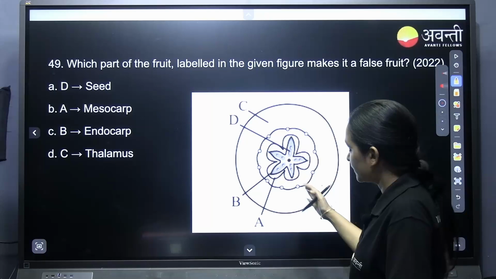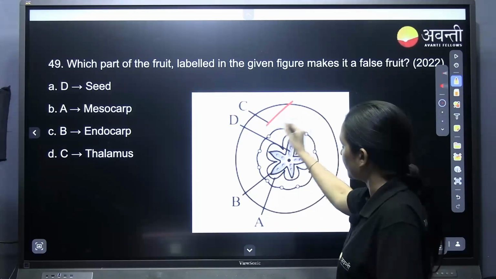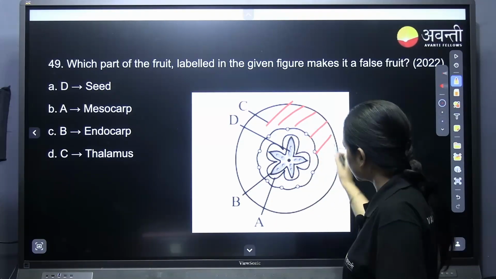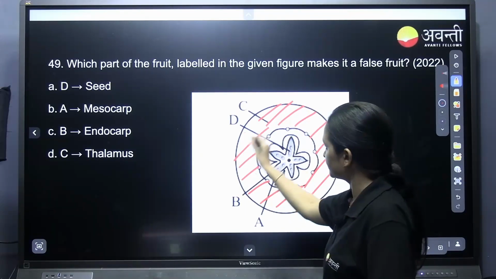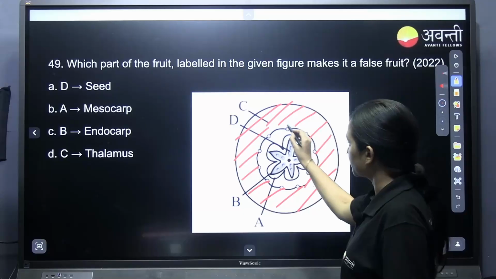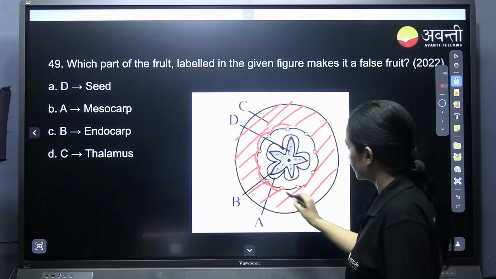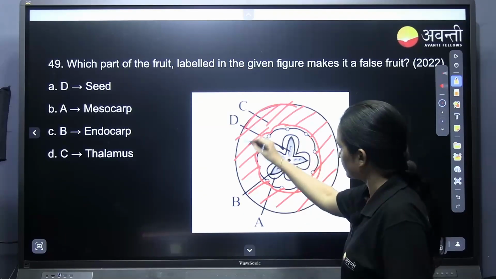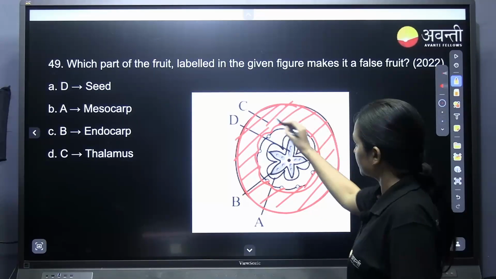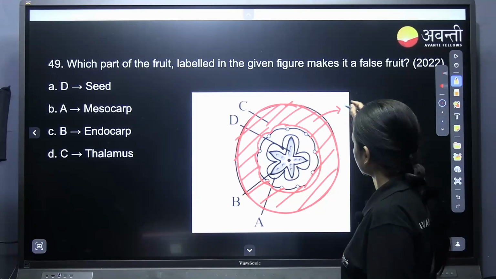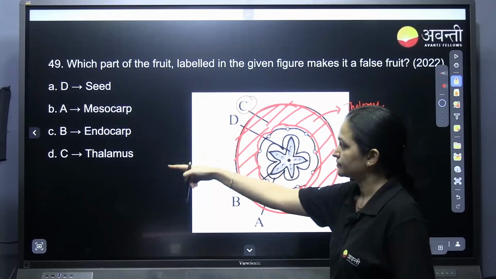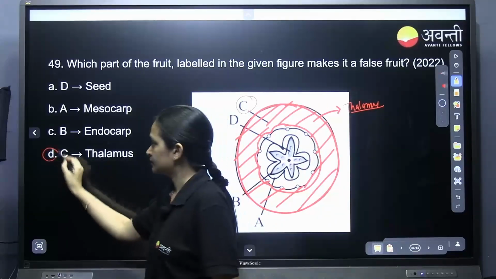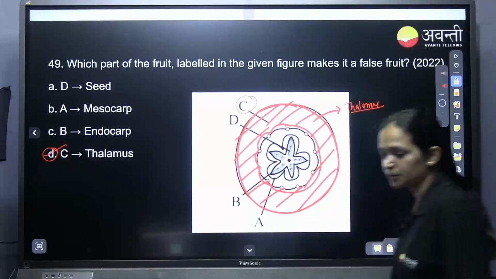This part, if you see, this part especially, this part is from thalamus. So, you can call it as C. That is a false fruit from the thalamus.